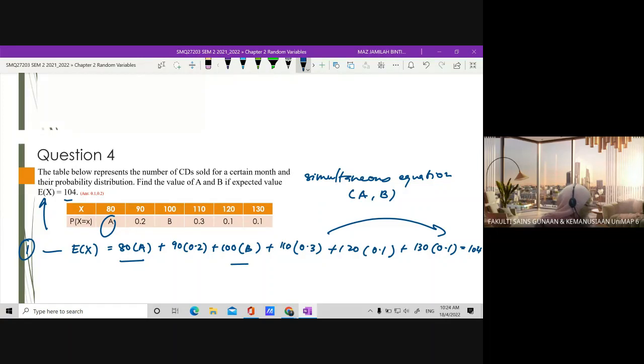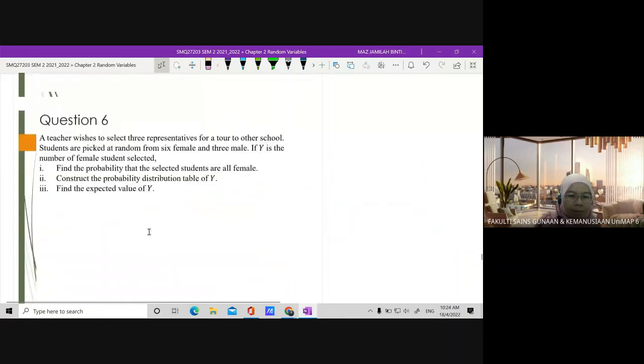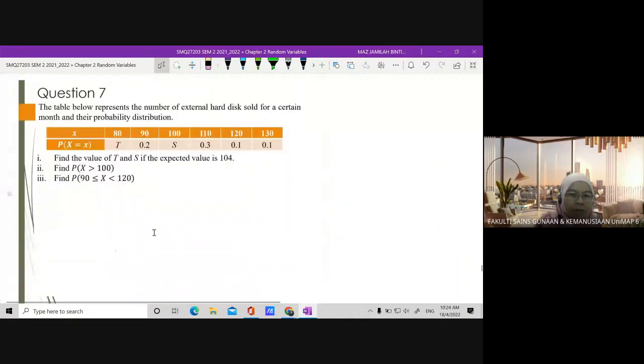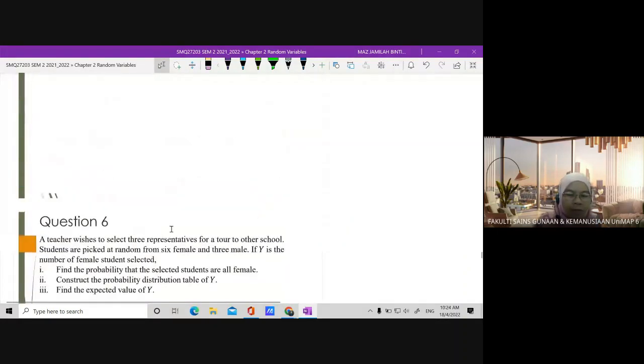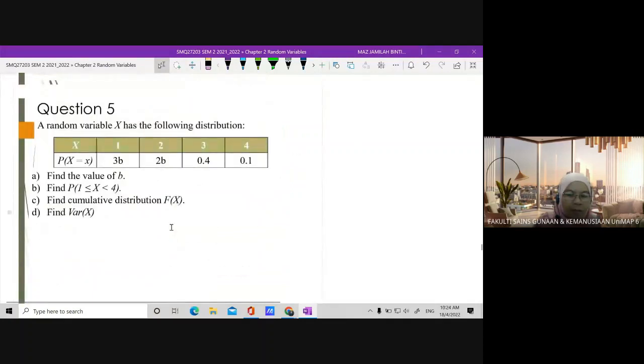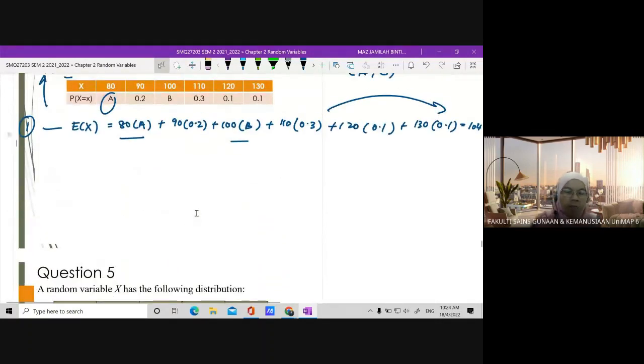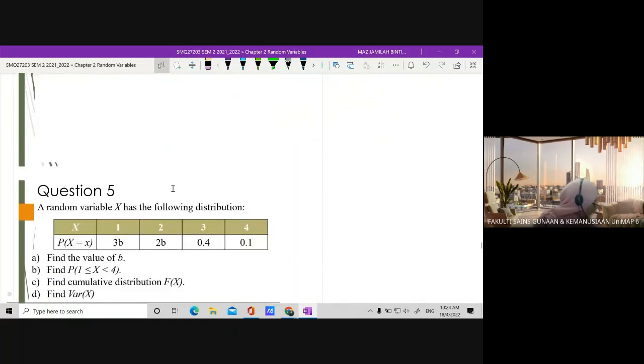Okay, so you have question 5, 6 and 7. You can try on your own, and if let's say you have any problem later on in the earlier class, before we begin with the continuous random variable, we will discuss the first question that I mentioned just now, the camera that failed, okay, and then the rest of the questions.